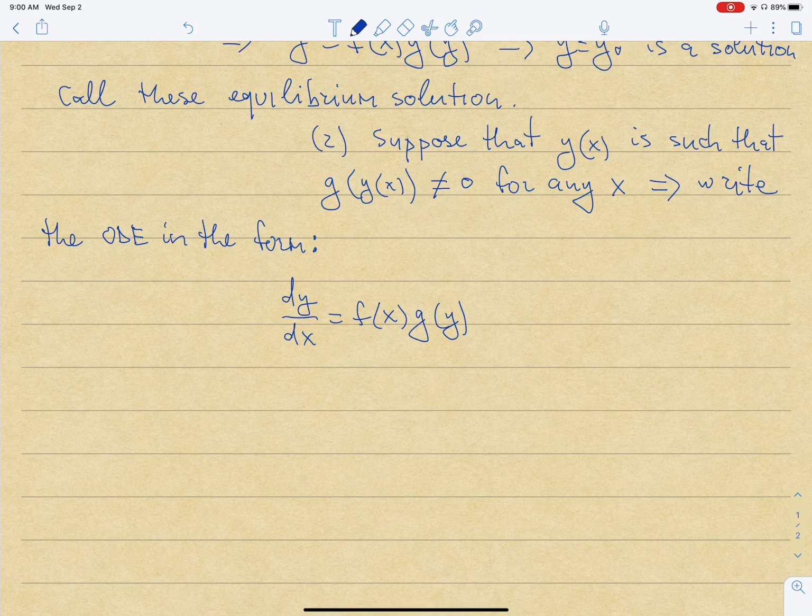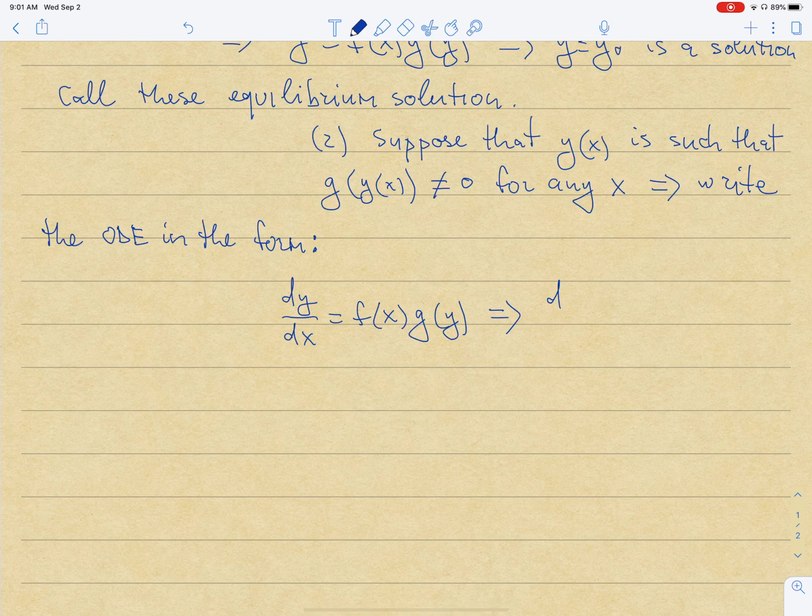And because g is not 0, by our assumption, I can divide both sides by g of y, and formally multiply both sides by dx.